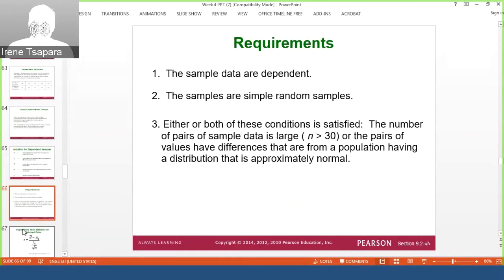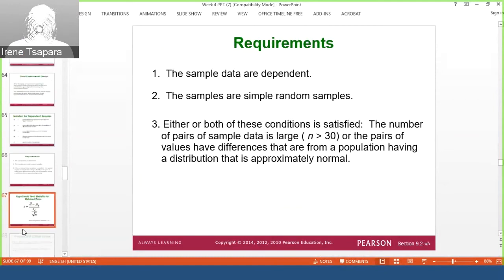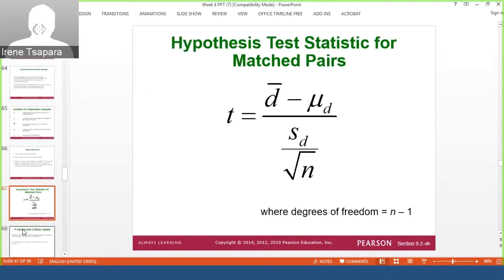The requirements are satisfied: the number of pairs in our samples is larger than 30, or the pairs of values have differences that are from a population having a distribution that is approximately normal. So what is the test statistic? The test statistic is going to be on the difference.